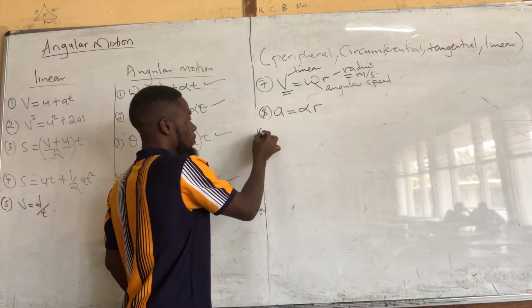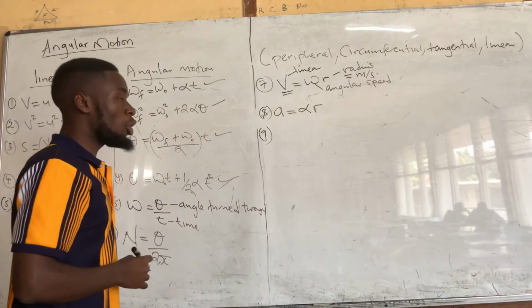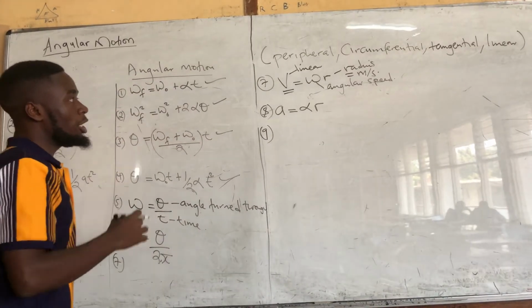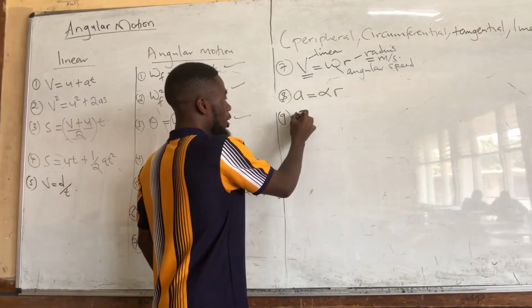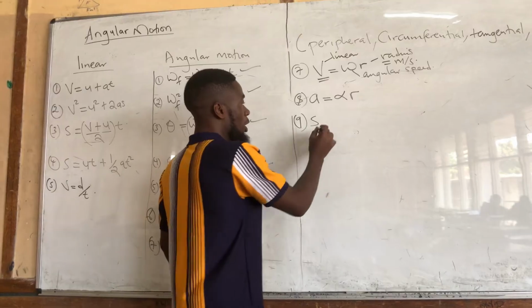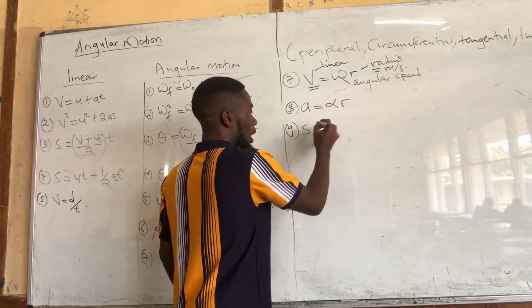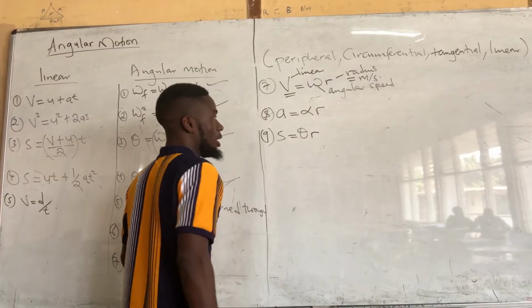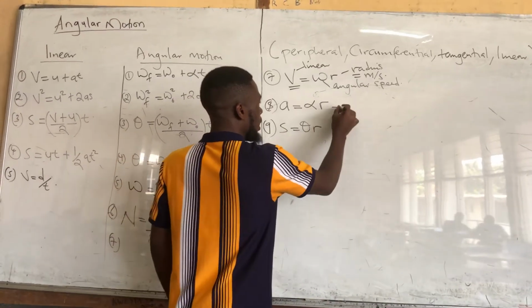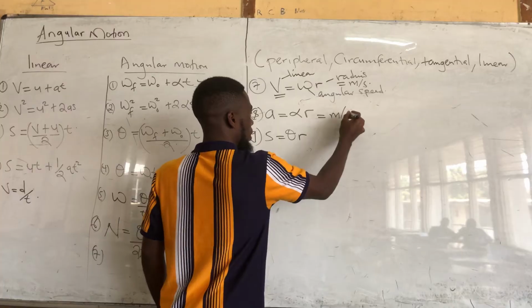Number 9. What about when they try to find the linear, circumferential, or tangential displacement? It will be the normal s, the displacement, equals the angle turned through, which is the angular displacement, multiplied by the radius. So here the answer will be in meters, and for acceleration the answer is in meters per second squared.